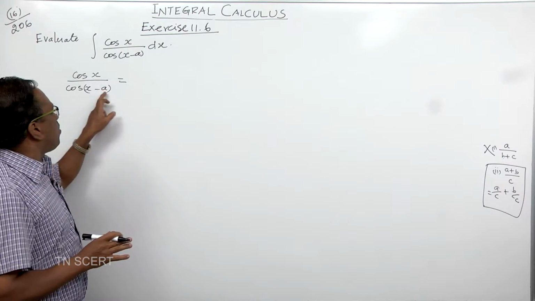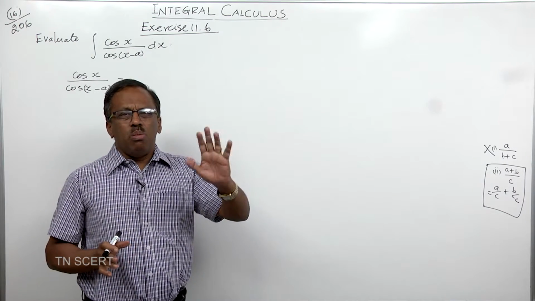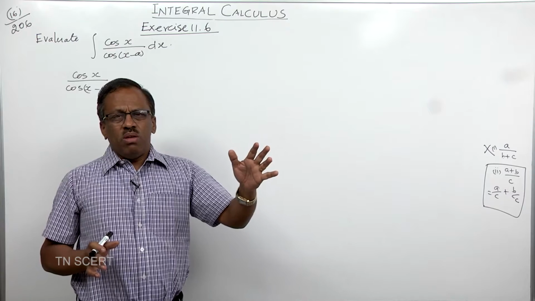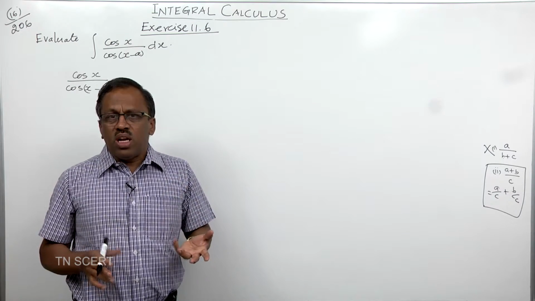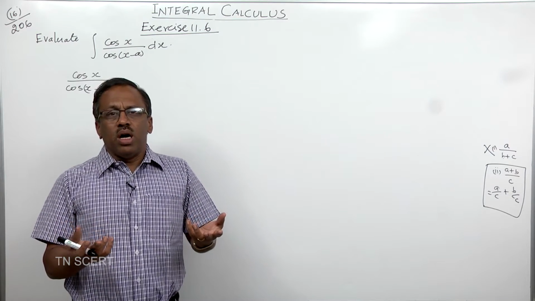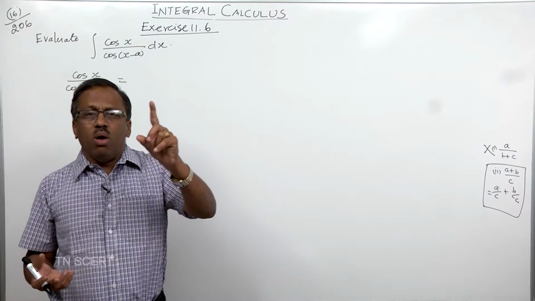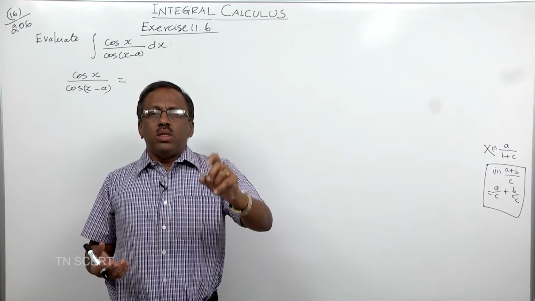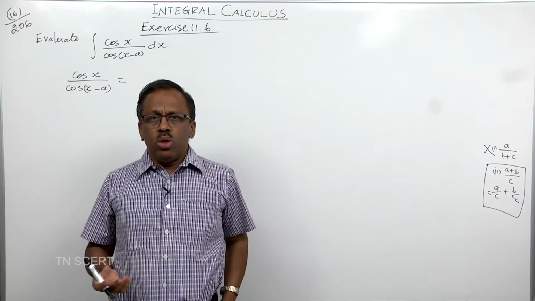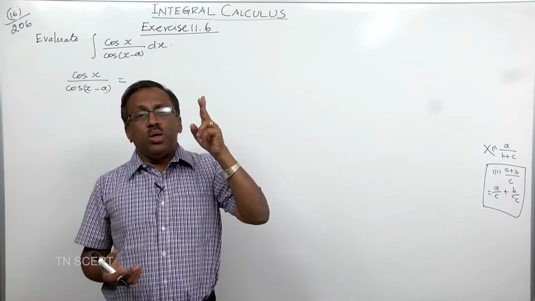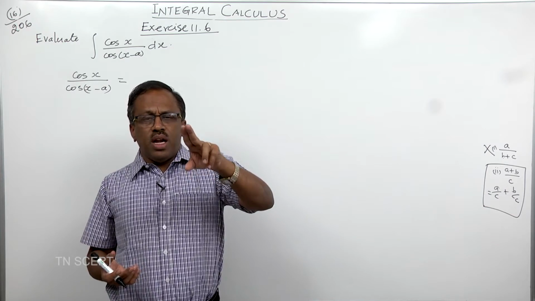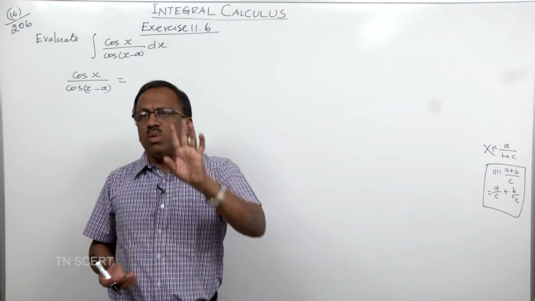So the cos of x minus a is cos x cos a minus sin x sin a. Will our problem be solved? Definitely not, because the denominator involves two terms, the numerator only one term, that we cannot do. Better you make the numerator two terms and the denominator one, so that the sum is simple.